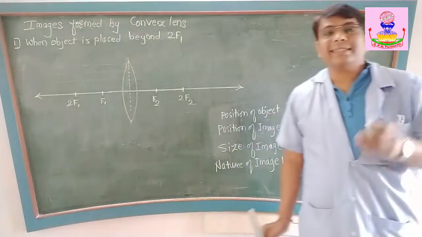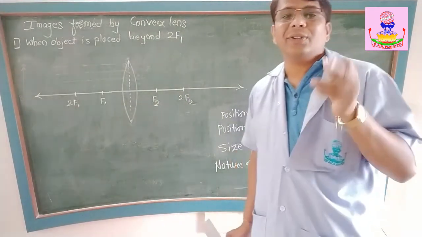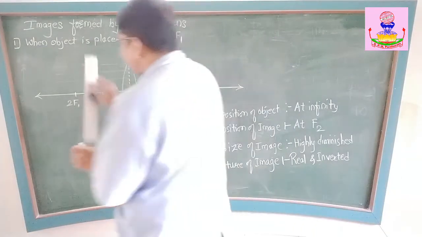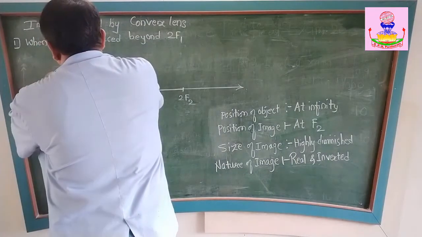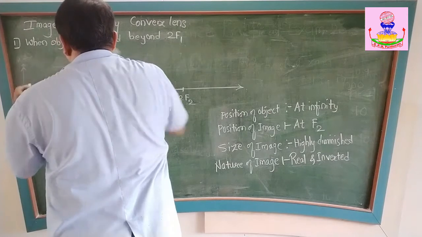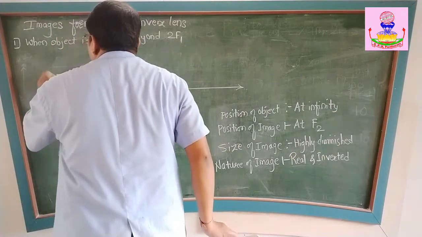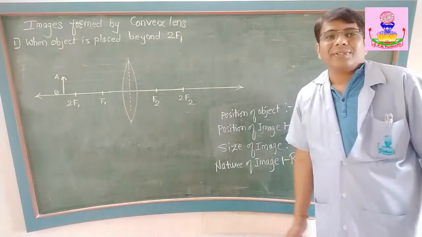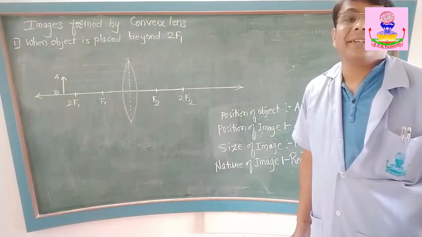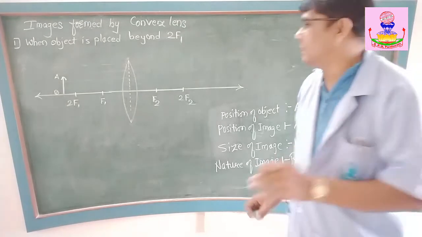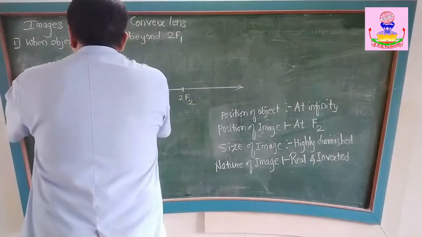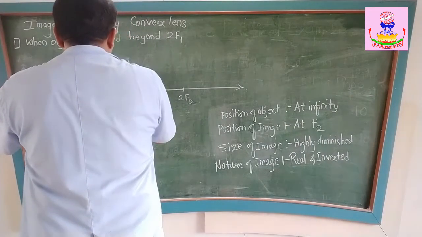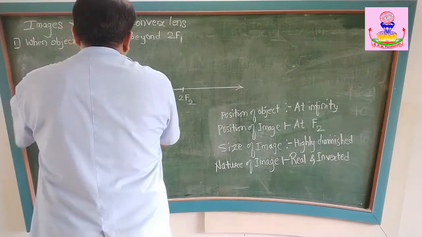Now the object is just beyond 2f1. So that means here. So this is object AB. Now first ray of light. What is that? Ray of light parallel to the principal axis.